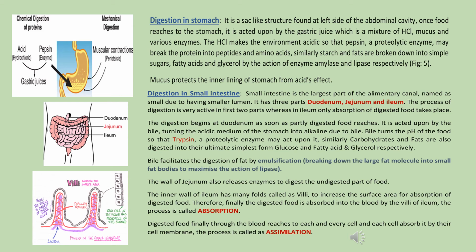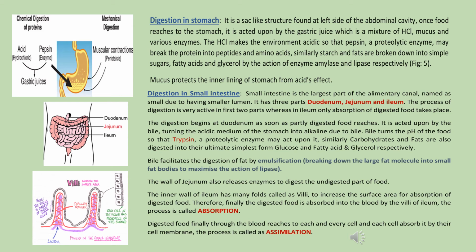Now, the ileum is the area where absorption of food is taking place. Whatever has been digested up till now will be absorbed from here, and all the simplified food will go to the blood. This process is known as absorption. Following the absorption is the assimilation.